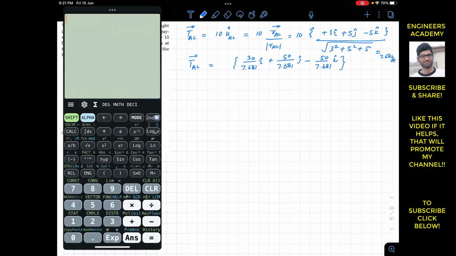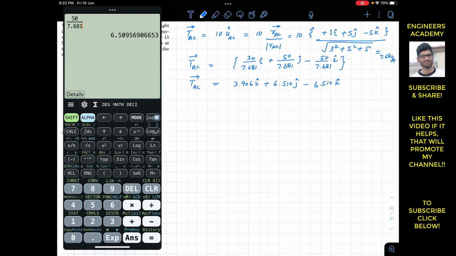Now let's find all these components. 30 divided by 7.681 gives us 3.906 i. Then 50 divided by 7.681 gives 6.509, so we can say this is approximately 6.510 j, and this will be minus 6.510 k.